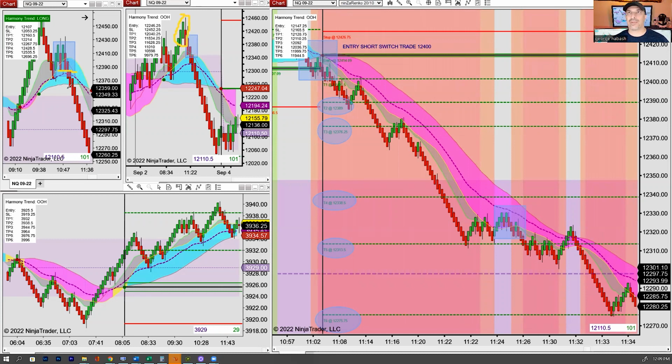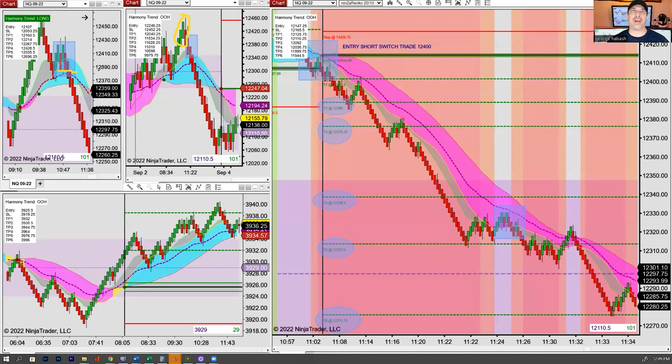Even if that captain setup short was not available, we did have that first rule, which is to have the 200 and the 100 NT Renko in the same direction, meaning the prior candle close, both are facing down in this case.